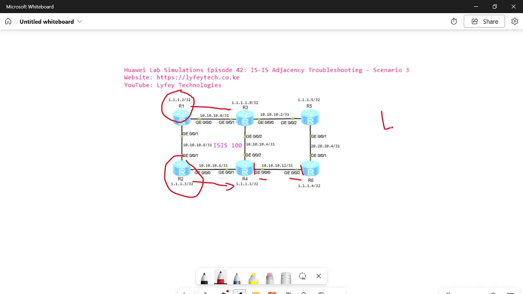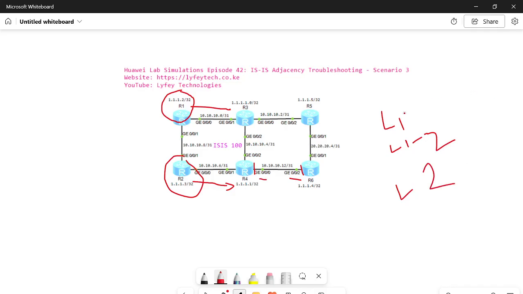So we have level 1, we have level 1, 2, and then we have level 2. So whenever you are configuring your adjacencies, you need to know that some of these levels may not establish ISIS adjacency between them.